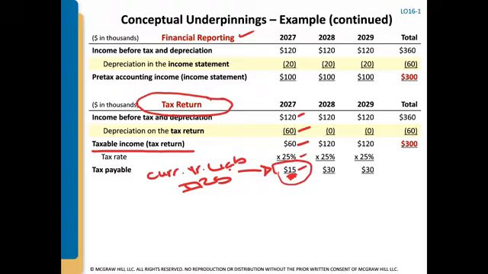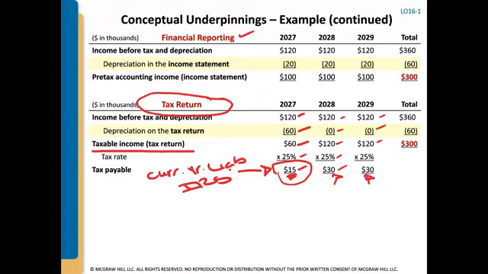The other 2 years, we still have $120,000 of income before tax and depreciation for each year. However, we don't take any depreciation at all because we've taken it all in 2027. So in 2028 and 2029, our taxable income is $120,000 multiplied by 25%, and our current tax payable in those years will be $30,000 for each of those years.